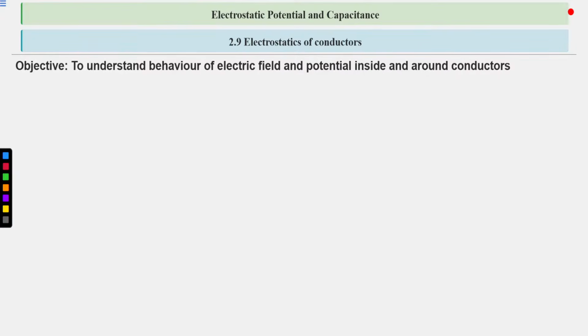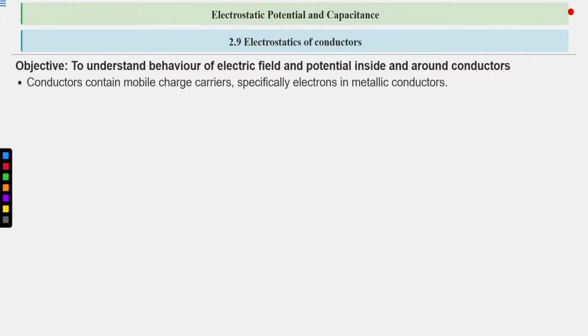Now, our next topic is to understand the behavior of electric field and potential inside and around conductors. Conductors contain mobile charge carriers. Now we know that most conductors are metals. In metals there are free electrons, mobile charge carriers.